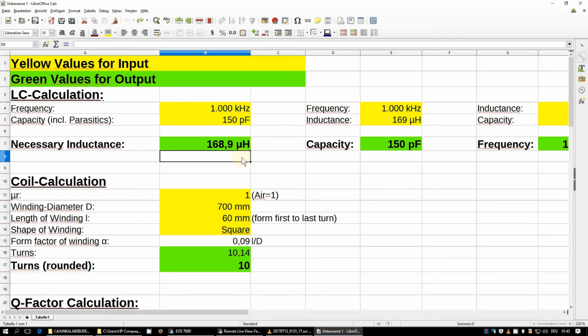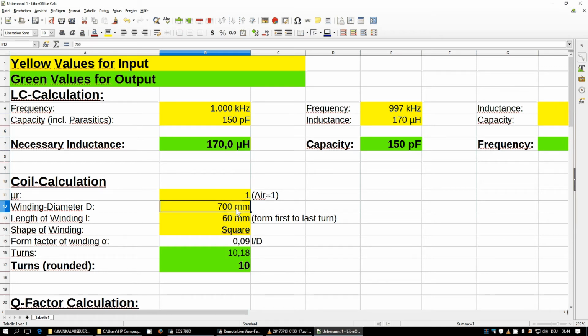So now let's again go into the spreadsheet with our values. Again, we already know the inductance, and we want to see if with our given values we reach the same number of turns that I have made. UR of course remains as 1, although the spiral wound coil is not wound in air but on special plastic, but plastic has no ferromagnetic properties, so it's like air or vacuum.